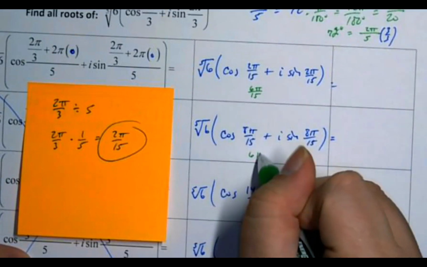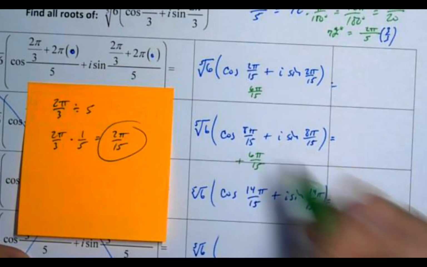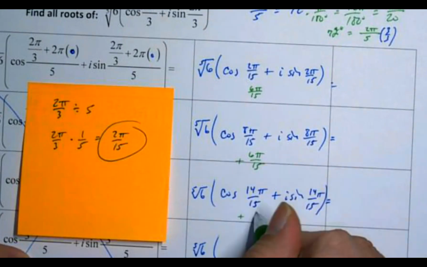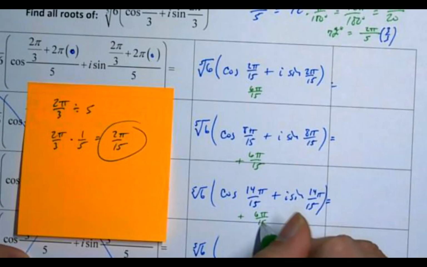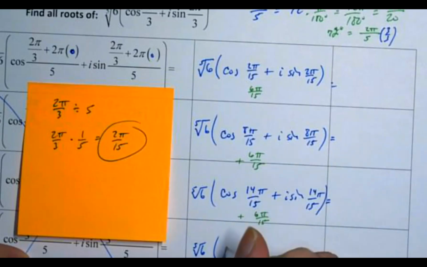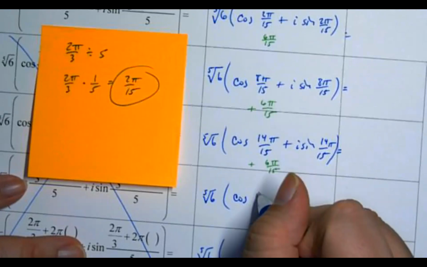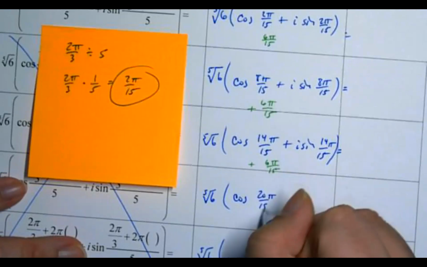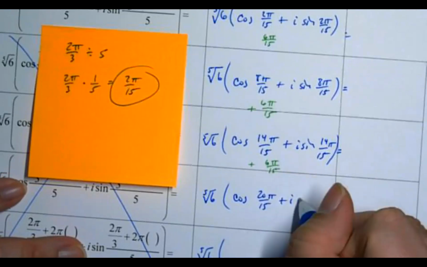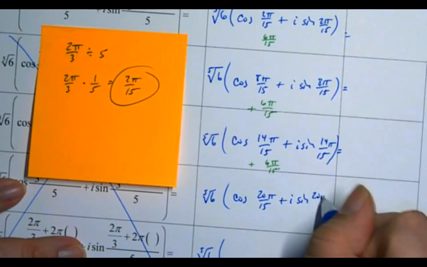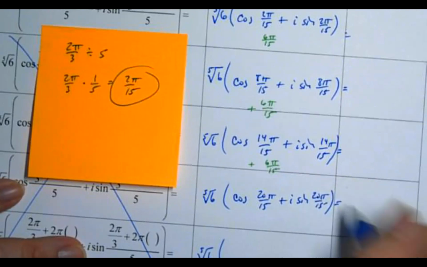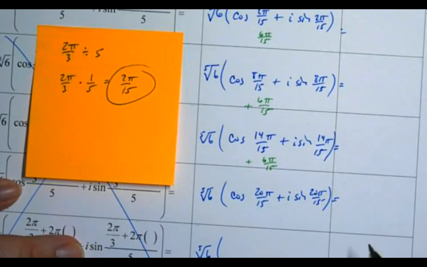And just in case we want to see it again, if we add another 6 pi over 15, that's the cosine of 20 pi over 15. And we can reduce that if you want, or you can leave it alone. 20 pi over 15 plus I sine 20 pi over 15, because we're just going to feed this in our calculator anyway.